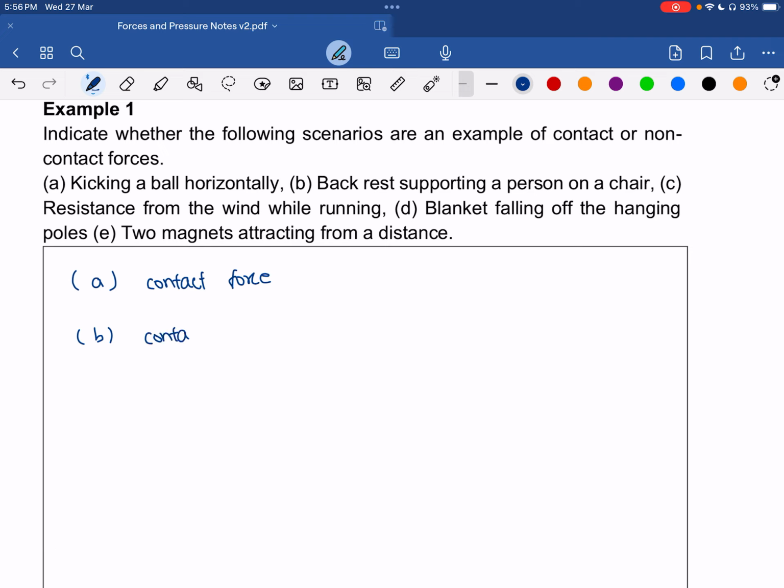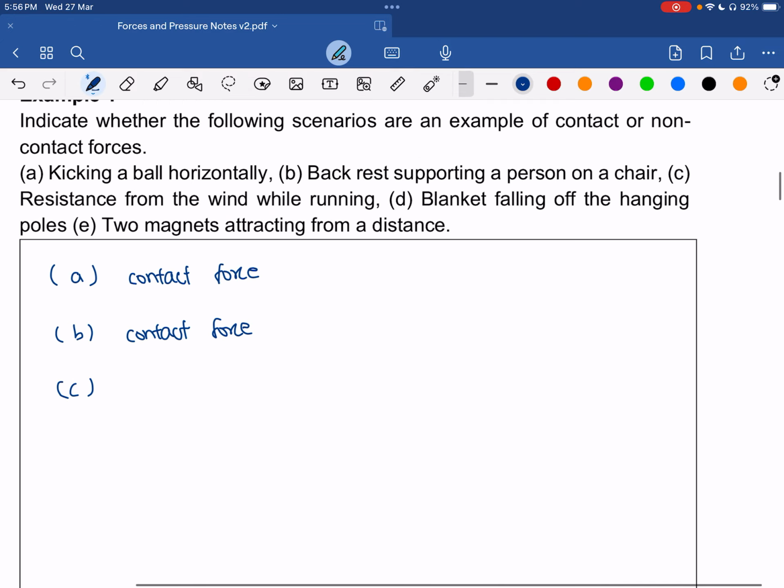There's contact, so it must be a contact force. Part C, resistance from the wind while running. Even though you are not able to see the wind, that does not mean there's no contact. Between you and the air there's some contact, so there must be a contact force.